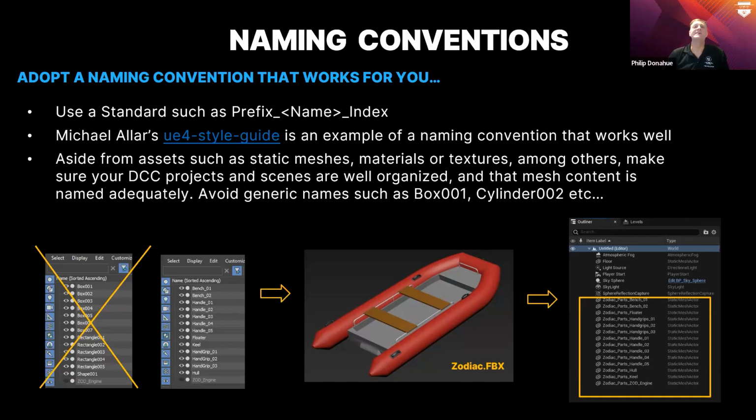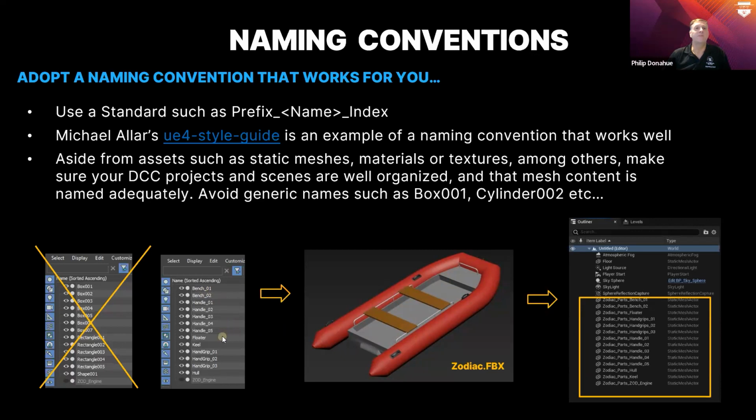So things like these generic names, it would be much better to have something that is relevant to the object at hand. In this case, we've changed box 001 to bench 01, bench 02. We have handles here, so handle 01 through 05.